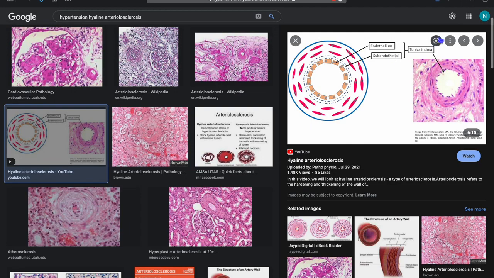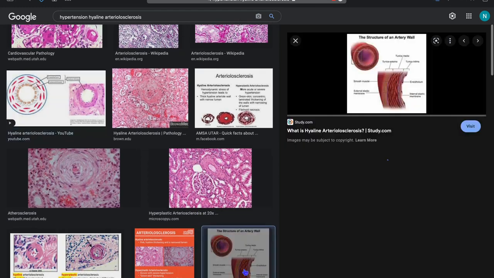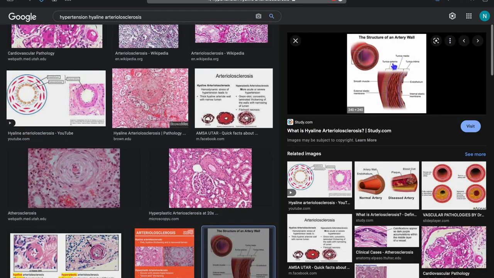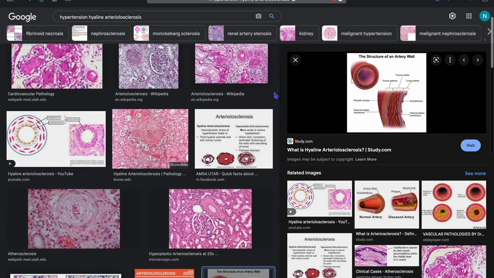So the three layers: the interior layer is the tunica intima, then the medial layer is the tunica media, and then the last one is the tunica externa.